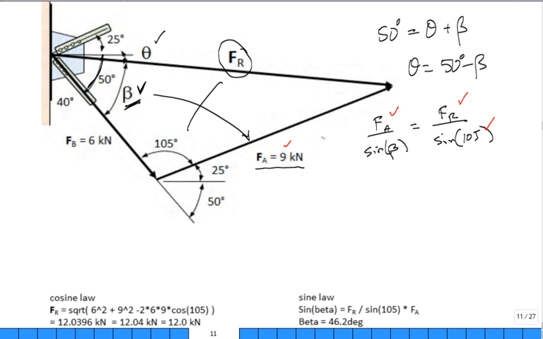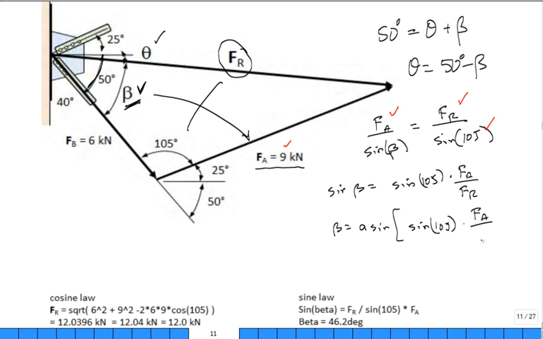F_A is known, it's 9 kilonewton, and it gives me the sine of beta. So the sine of beta is equal to the sine of 105. Whoops, let me write that again. The sine of 105 times F_A divided by F_R, or beta is equal to the arcsine of the sine of 105 degrees times the magnitude F_A divided by the magnitude F_R, and close.